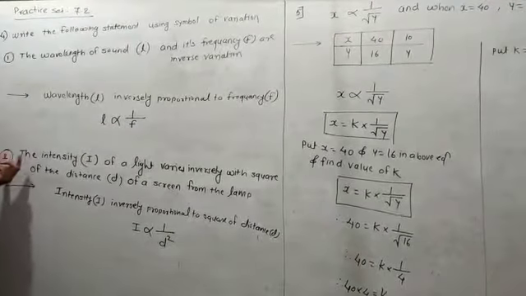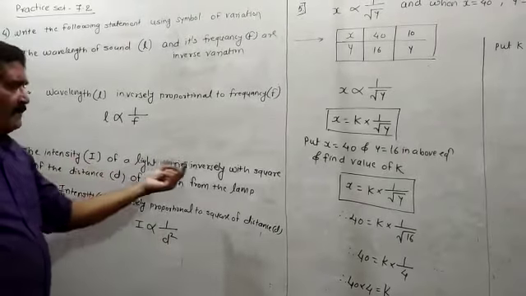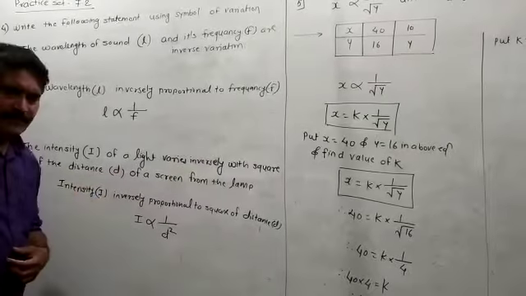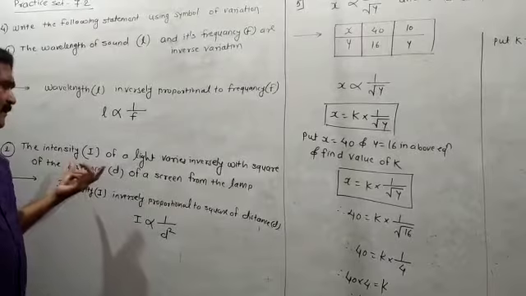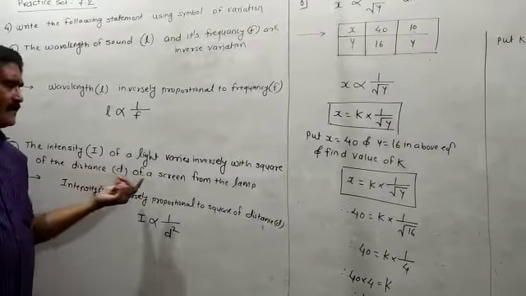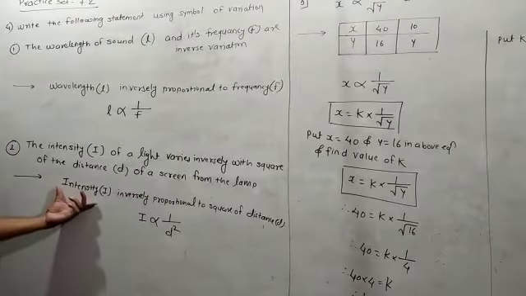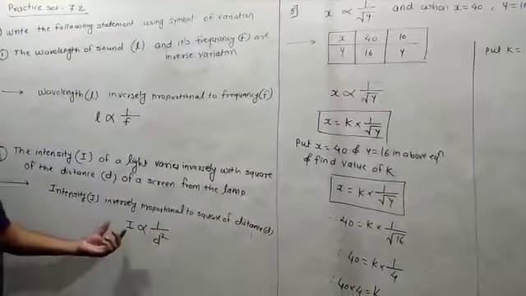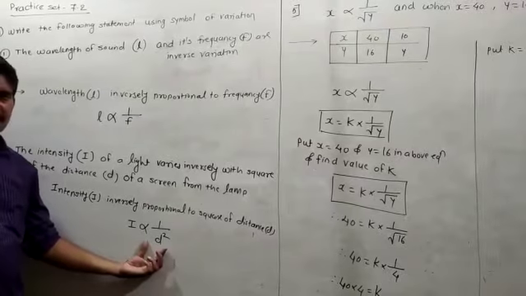Then the second statement: the intensity of the light varies inversely with the square of the distance of the screen from the lamp. So you have to say that the intensity of the light I is inversely proportional to the square of the distance.